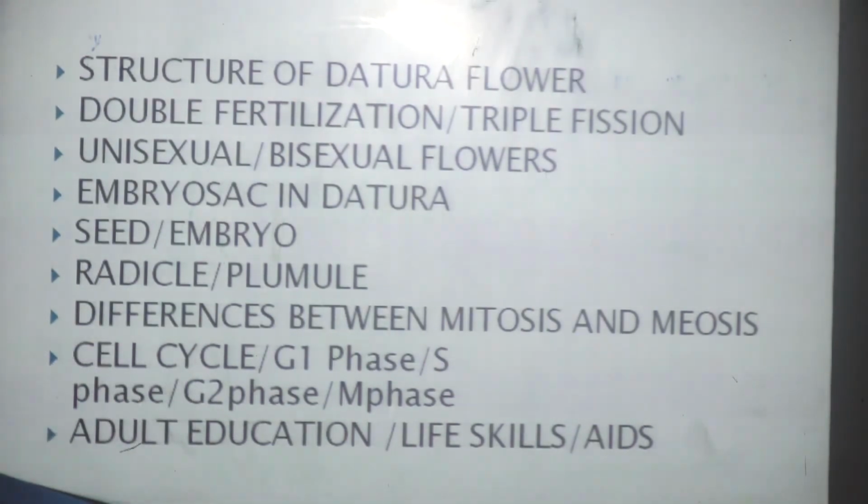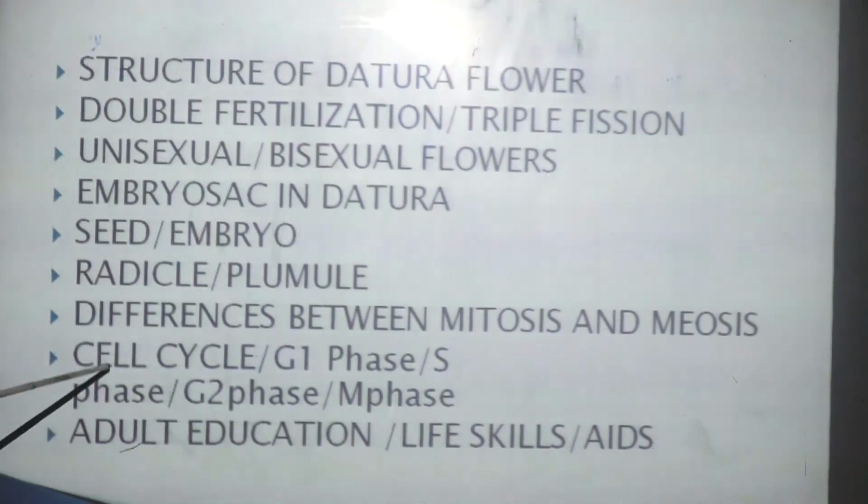And differences between mitosis and meiosis. Better you take a paper and make that one into 2 halves and try to write the differences 1 or 2 times. So that's why you can write the answer. Otherwise just reading and recalling this particular answer is quite difficult. So that's why I am asking you people to write the answer.